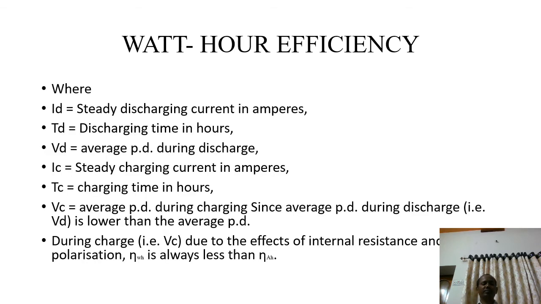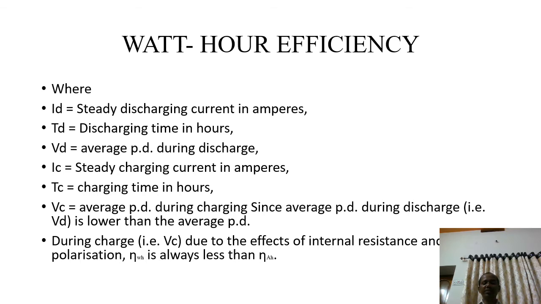Next, learn the terms Vd, Id, Td, Vc, Ic, Tc, zeta AH, zeta WH. Id is the steady discharging current in amperes, Td is discharging time in hours, Vd is average PD during discharge, Ic is steady charging current in amperes, Tc is charging time in hours, Vc is average PD during charging.